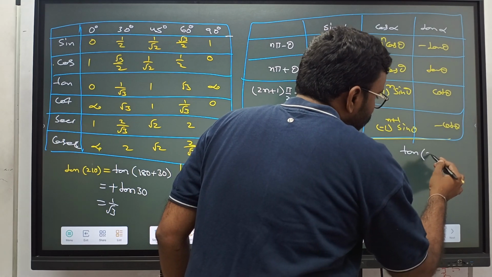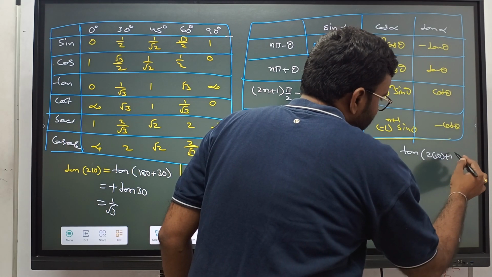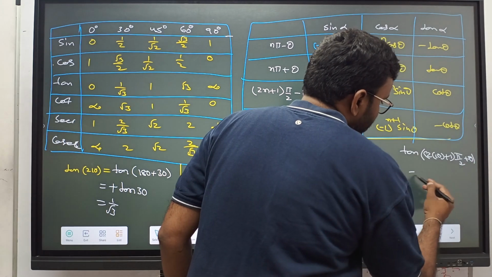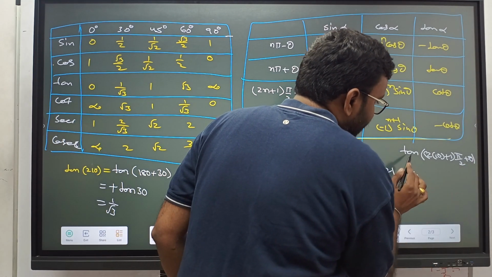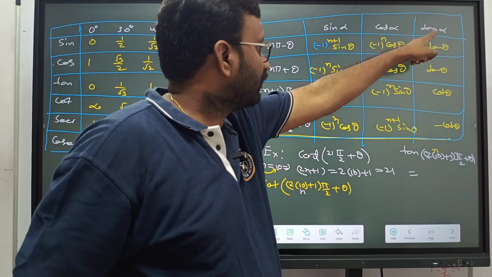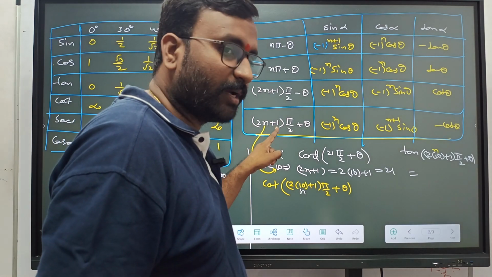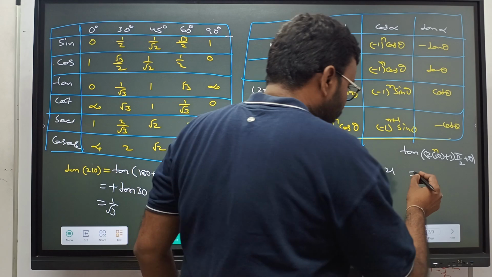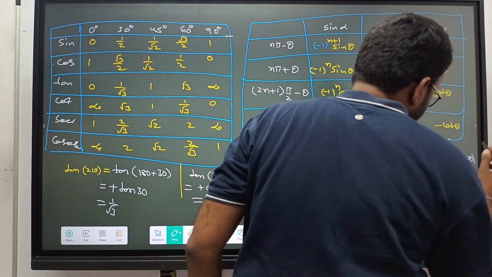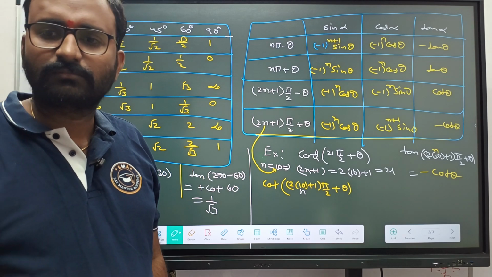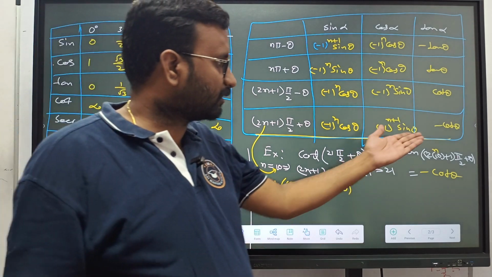Tan of 2 into 10 plus 1 into pi by 2 plus theta, where n is 10. For tan of 2n plus 1 pi by 2 plus theta, the answer is clearly minus cot theta. Finish. Minus cot theta is the answer.